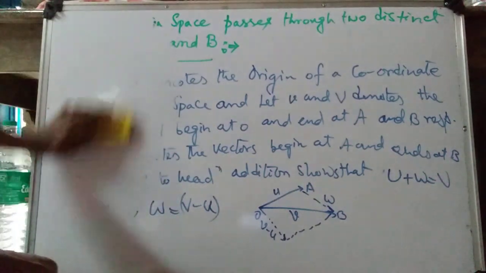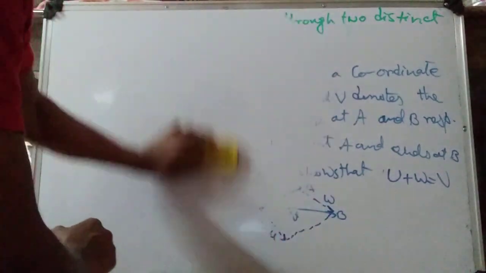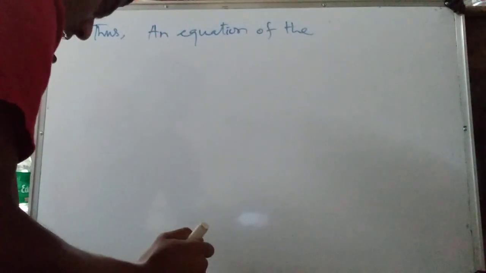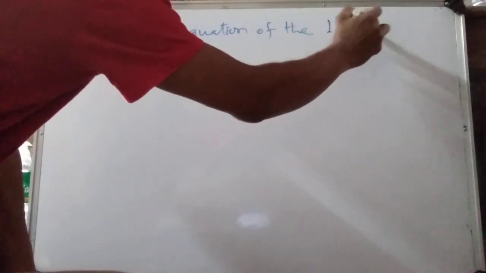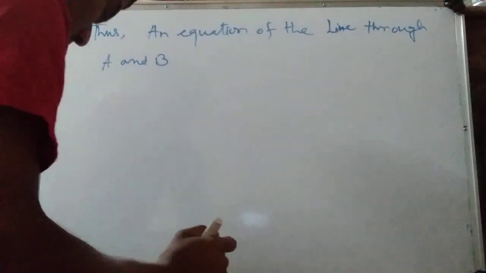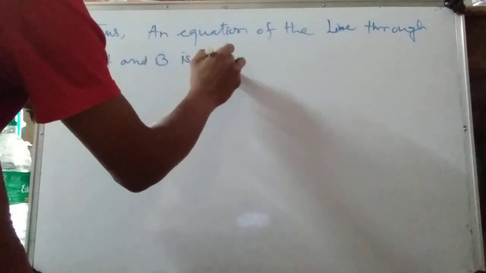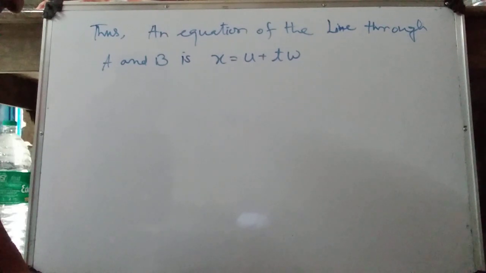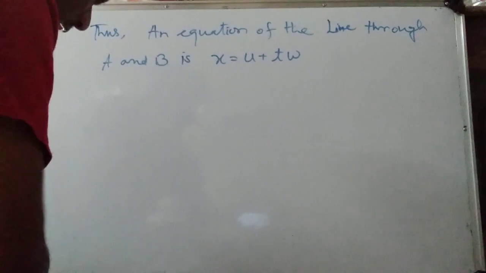Thus, what we get is an equation of the line through a and b: x equals u plus tw.